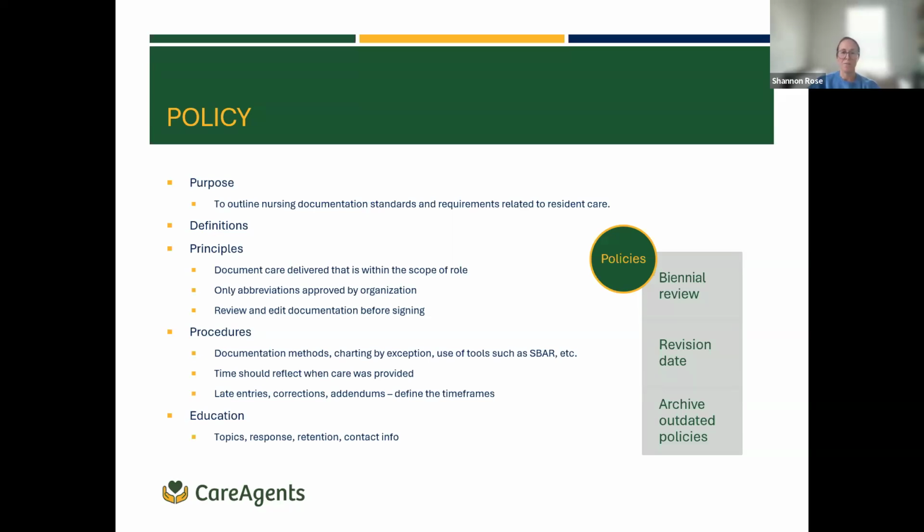Outline your procedures, any documentation methods, maybe charting by exception, and how that is applied at your facility. Documentation needs to reflect when care is actually provided and not at the time of documentation.